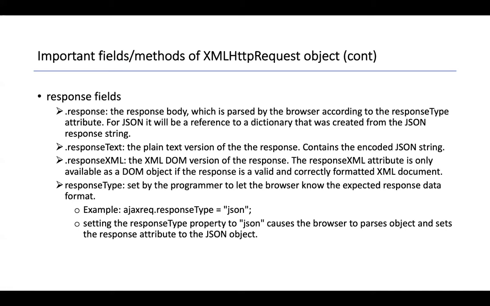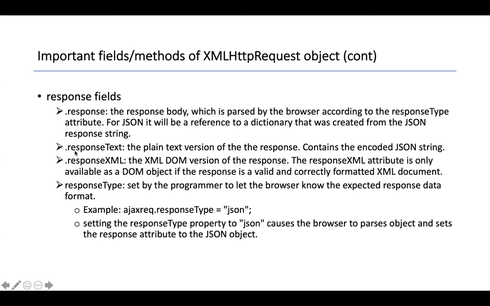And remember, on the PHP side, you can use JSON encode in order to encode the output string. If you use that JSON encode command, then on the client side, the browser will be able to parse it and create a dictionary object that you can then access.